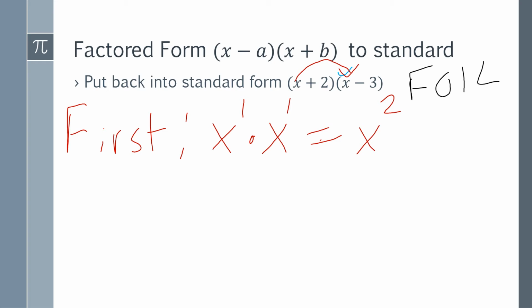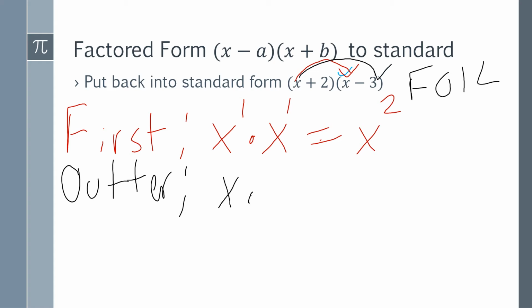All right, so let's do outer. X times a negative 3. That's just negative 3x. Because that's all you can really do with it. So you just combine them as one.